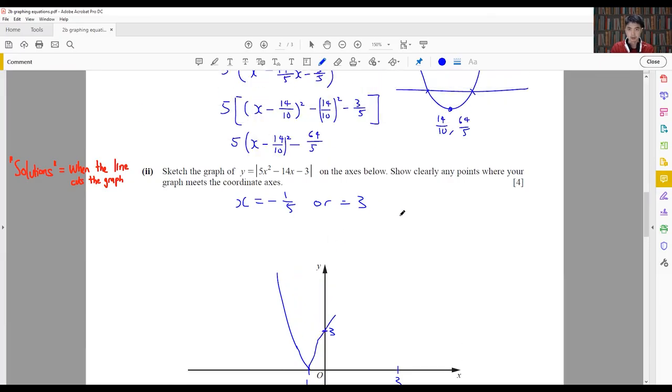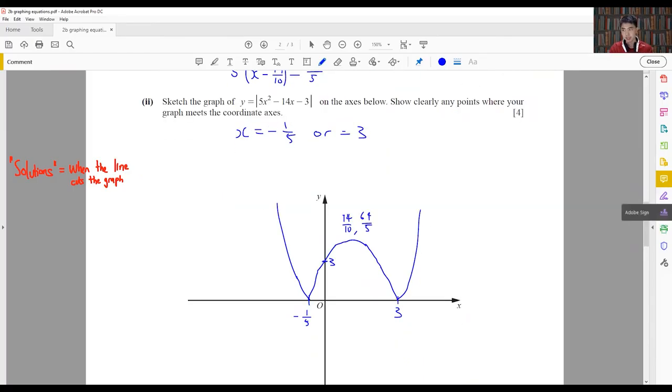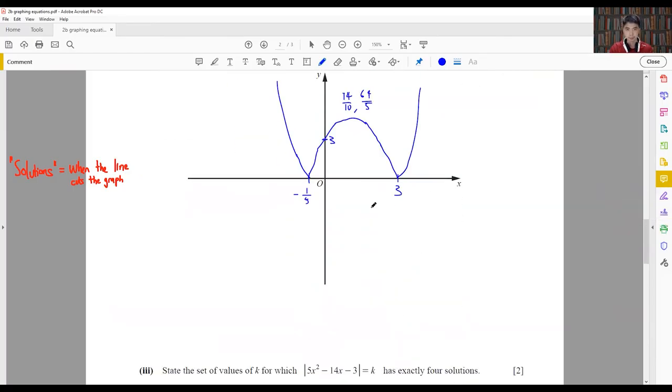Then it would have a minimum point of (14/10, 64/5). All right, maximum point, and curve back down, and then curve back up like so. Okay, and that would be the sketch for this question here.